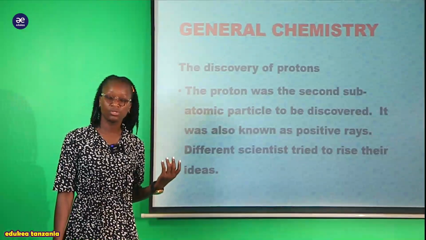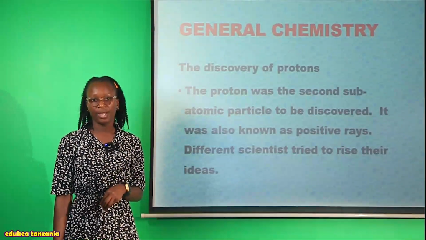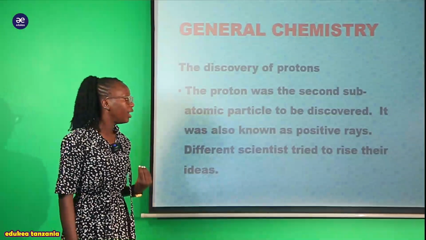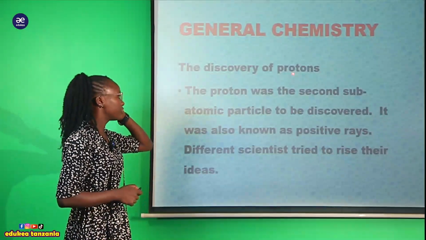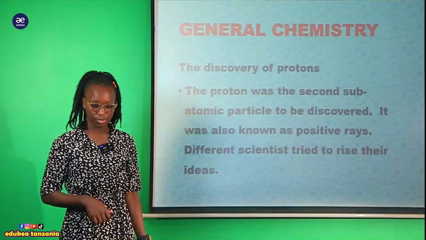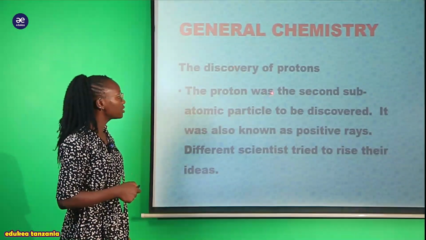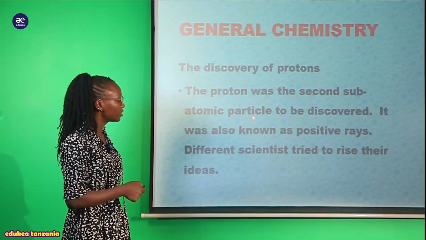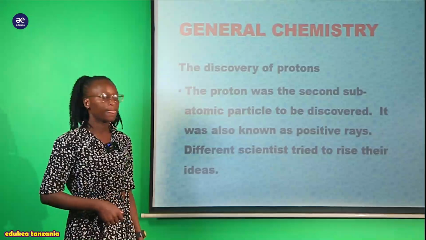Kwa hiyo ndio huyu JJ Thomson akagundua kuhusiana na electron, lakini pia sasa tuone the discovery of protons kwamba hii ni another subatomic particle. So you can see that the protons were the second subatomic particle to be discovered.